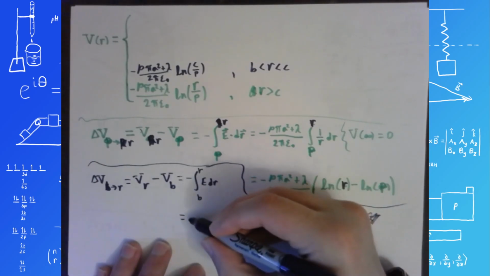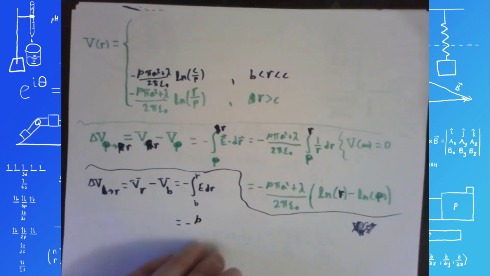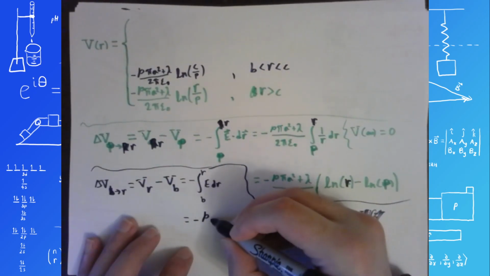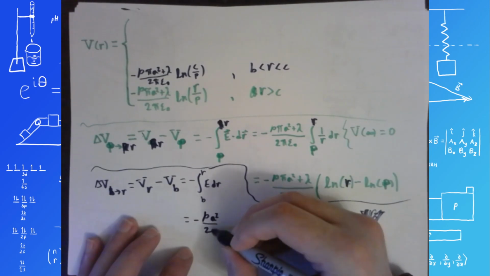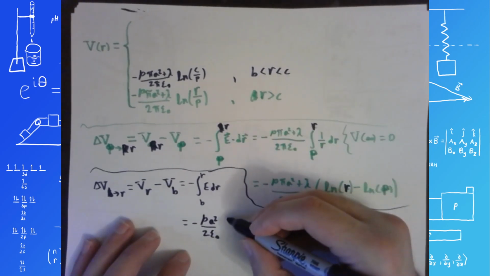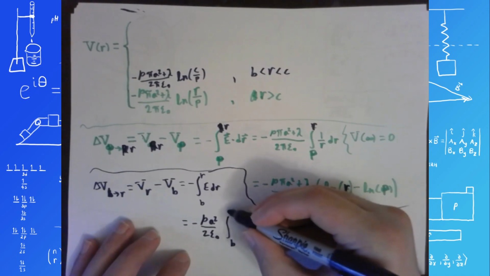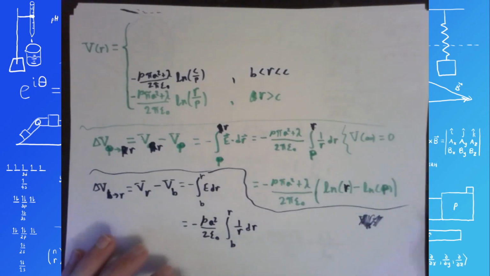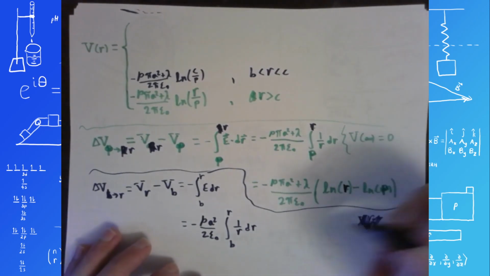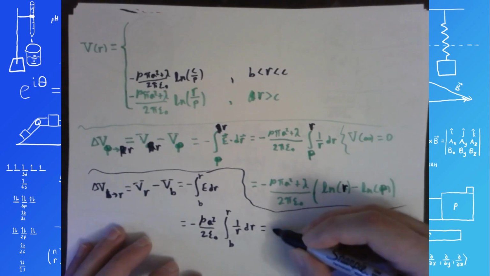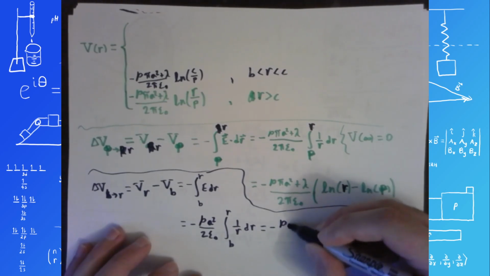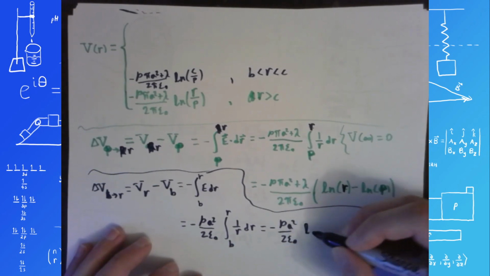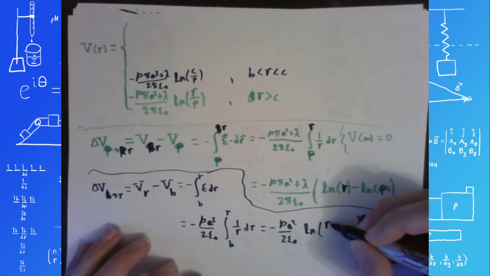So I have equals negative rho a squared over 2 epsilon naught, and then integral from B to R of 1 over r dr. That's going to be natural log again, so we get negative rho a squared over 2 epsilon naught natural log of r over b.